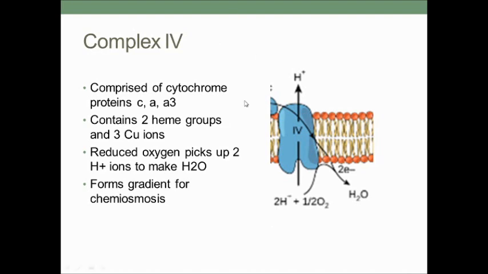It has 2 heme groups, which is just an iron complex, and 3 copper ions. At this complex, we have a reduced oxygen, which will pick up 2 hydrogen ions to make water that will leave as a byproduct, which helps to form our gradient for chemiosmosis.